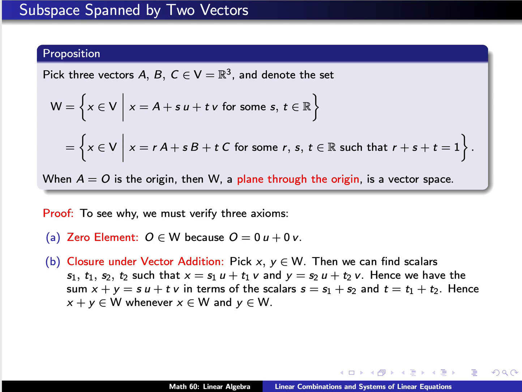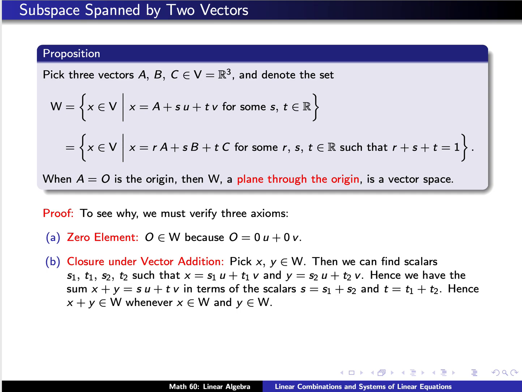Next, let's check that we have closure under vector addition. Let's pick 2 points in our plane, x and y. What this means is x looks like s1 u plus t1 v for some real numbers s1 and t1. Similarly, y is s2 u plus t2 v, where s2 and t2 are 2 real numbers. If we add x and y, we can express this as s times u plus t times v, where s is just the sum of s1 and s2, and t is the sum of t1 and t2.